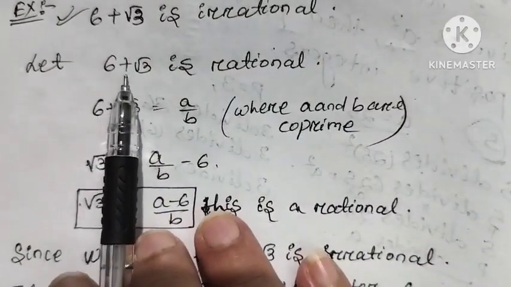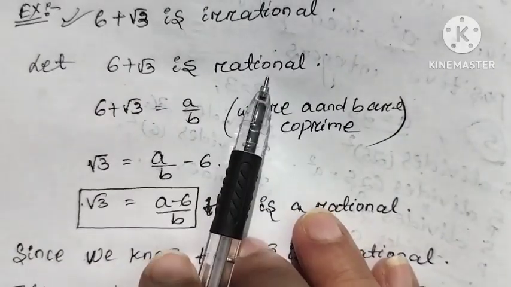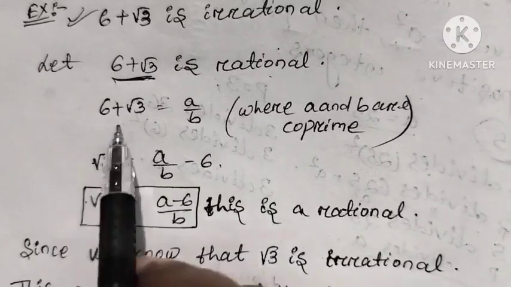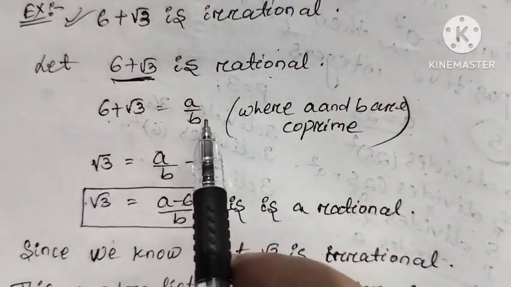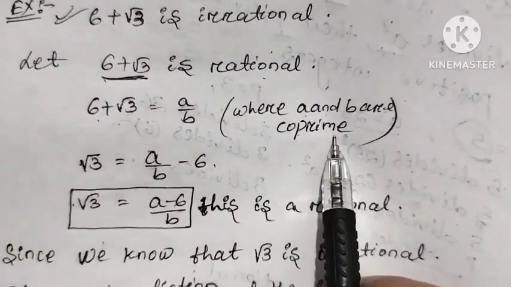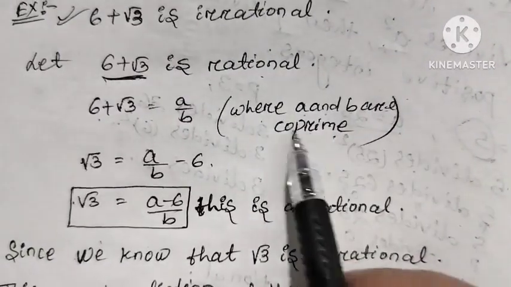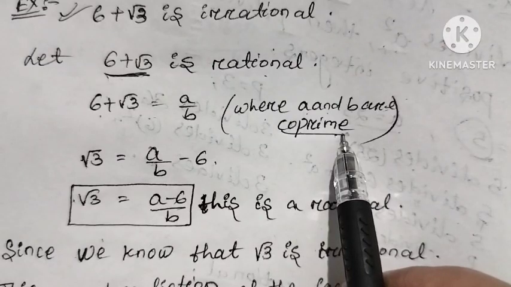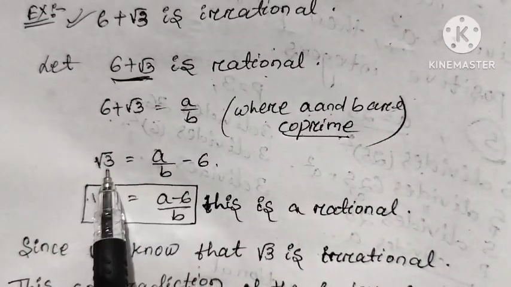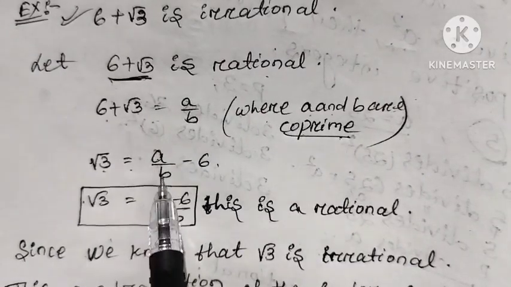Let 6 plus root 3 be rational. 6 plus root 3 is equal to a by b, where a and b are co-prime. Co-prime means the HCF is 1. Then root 3 on the LHS is equal to a by b.